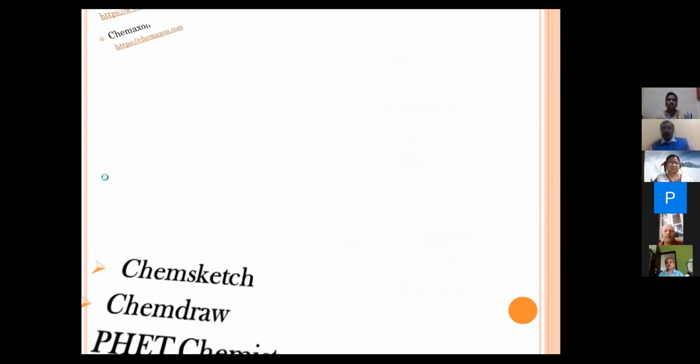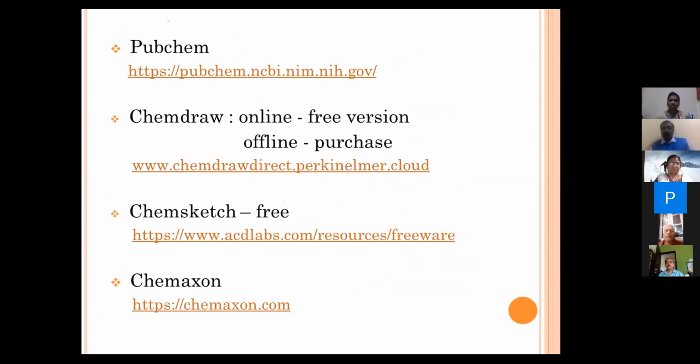So here is the link. I have given some ICT tools and the links to download them. A few ICT tools are free versions. For example, ChemSketch is a free version. You can just download it and use it offline, online, however you want.